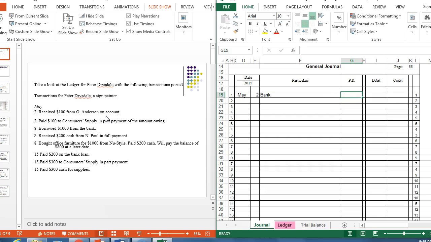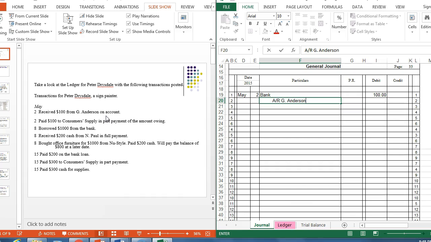You can ignore this PR column. We're going to use it later, but ignore it for now. And we're going to write in the debit column $100. We're then going to go down to the next line, and we're going to credit accounts receivable, G. Anderson.